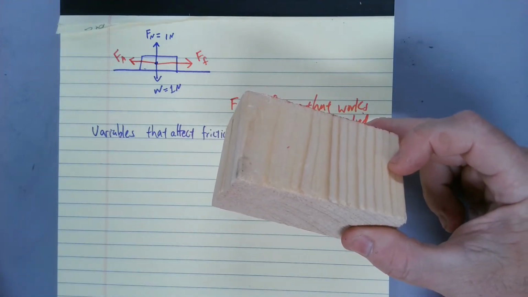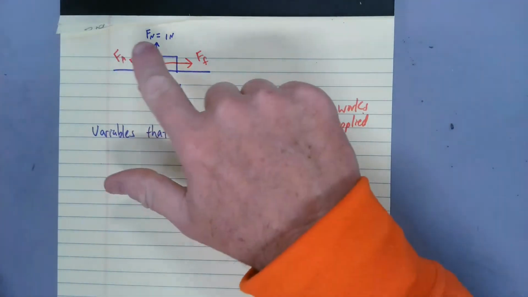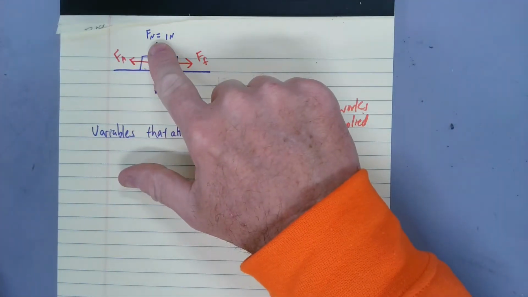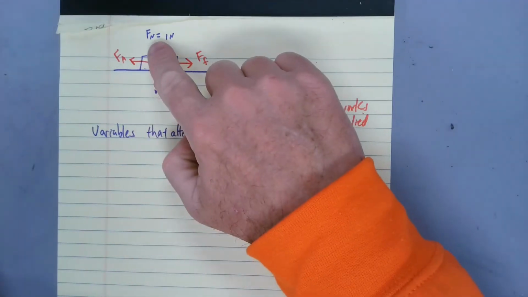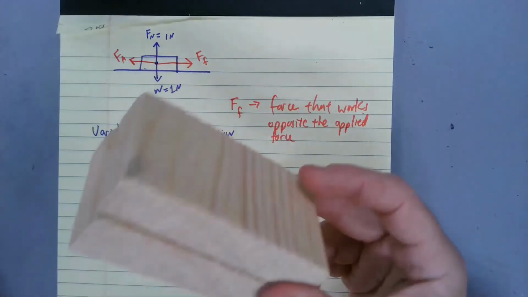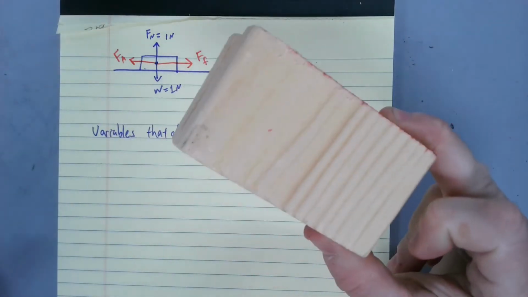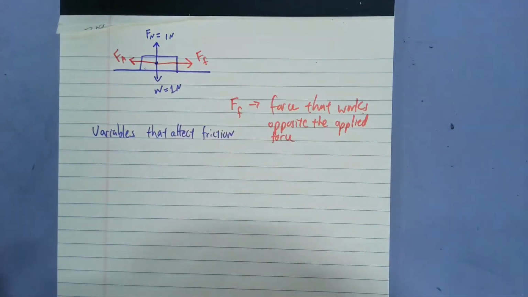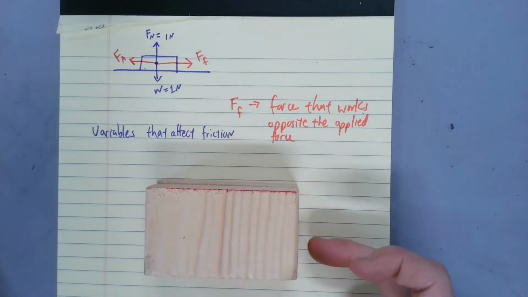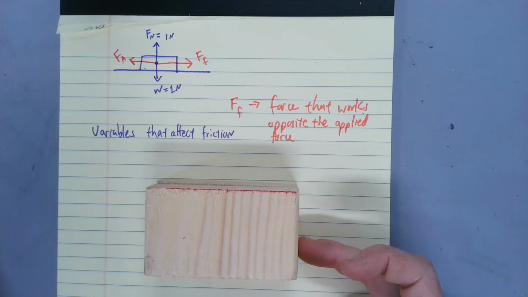Well, what was the force that was the contact force? It was the normal force. As it turns out, it's not necessarily the weight directly that affects the friction. It is the normal force, because you can still have weight and you don't have any friction. But the normal force pushing back from the surface puts it in contact.